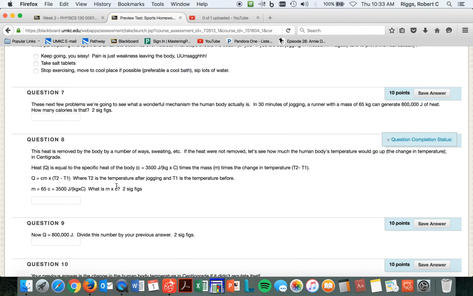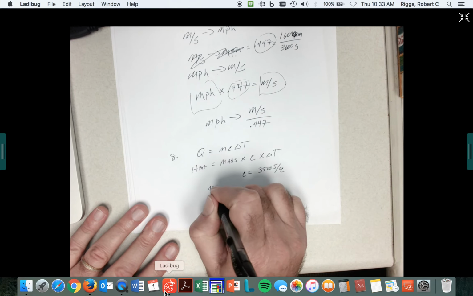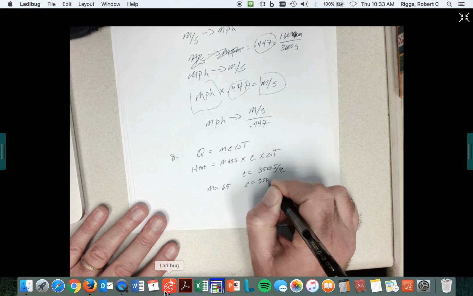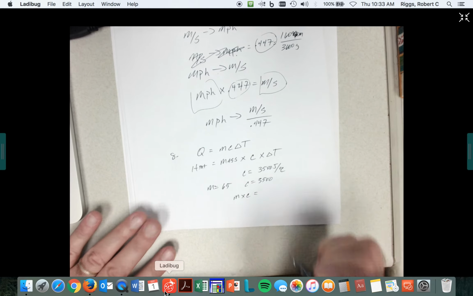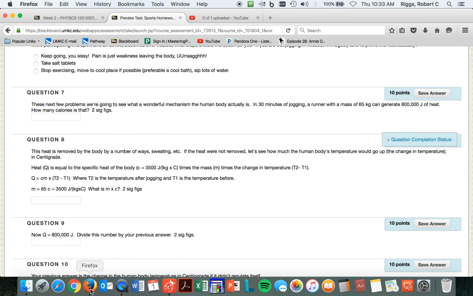So in question 8, what you're asking is, if the mass is 65 and c is 3,500, what's those two multiplied? That's it.